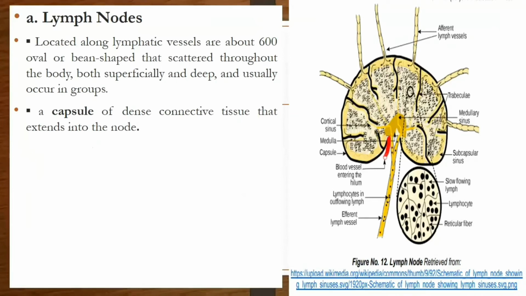Lymph arrives at the nodes in afferent lymphatic vessels and enters the sinuses, which are channels that allow lymph to flow throughout the different compartments of the nodes.